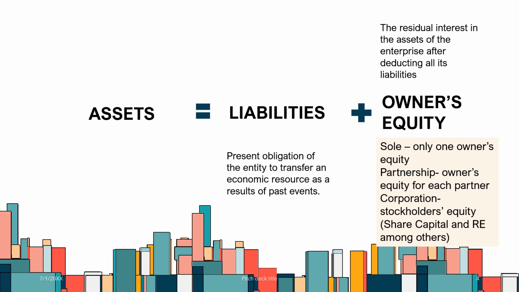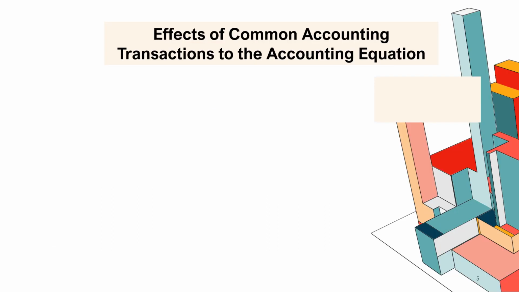However, for a corporation, it's the stockholders' equity that we use, and that includes the share capital and retained earnings, among others. Our discussion for the whole semester, and for today's session, will focus on the sole proprietorship. That is why in the owner's equity, you will see only one owner's equity.